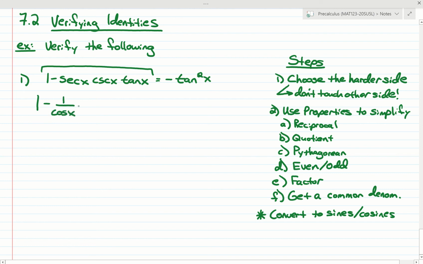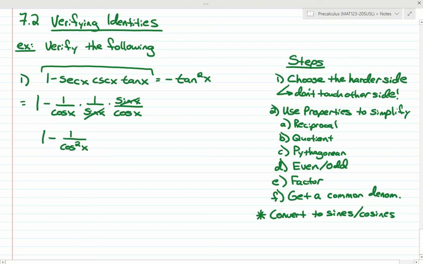Let's convert these to sines and cosines. Cosecant is 1 over sine, and tangent is sine over cosine. So taking a look at this, these sines cancel, and we get 1 minus 1 over cosine squared of x.